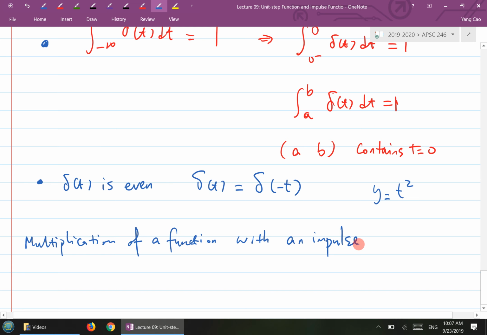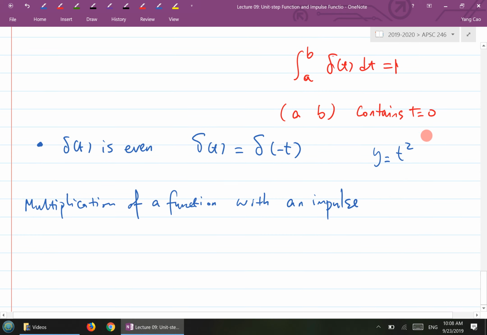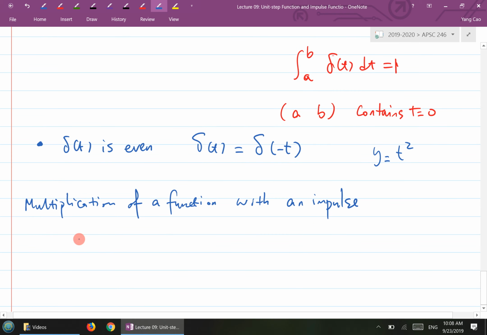Let's observe what happens if we multiply a general function, any function, with an impulse. Let's say this is my function f of t, and f of t is continuous at t equal to 0, so it has a value at t equal to 0.